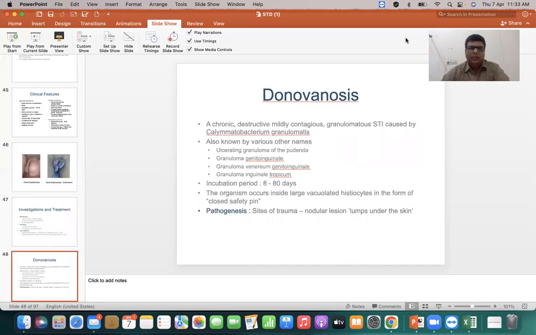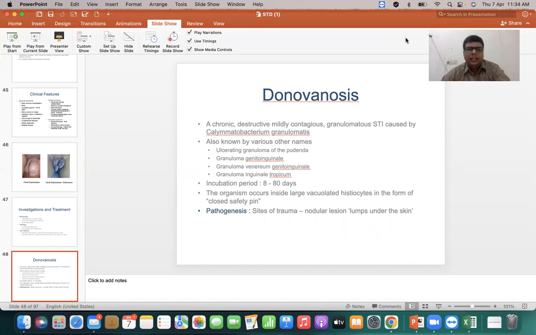Now we'll see donovanosis. Donovanosis is a chronic destructive, mildly contagious granulomatous STI caused by Klebsiella granulomatis, also known by various other names like ulcerating granuloma of the pudenda, granuloma genitoinguinale, granuloma venereum, and granuloma inguinale tropicum.